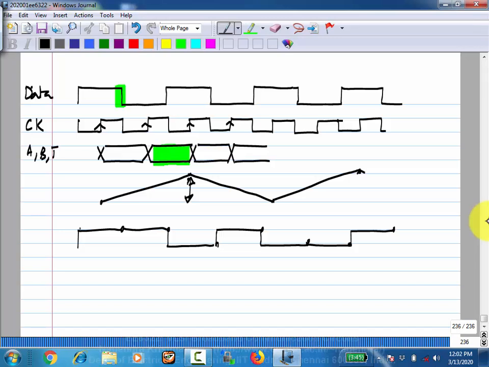Or what will the bang bang jitter be? Will it be the same as this or more than this? Say less than this? More. Why? What will happen to the phase when there is no transition?